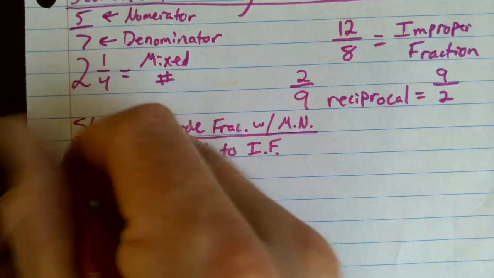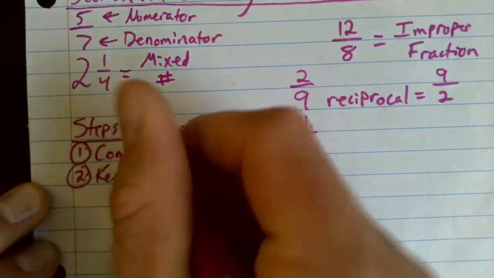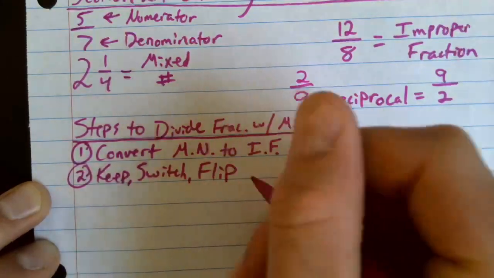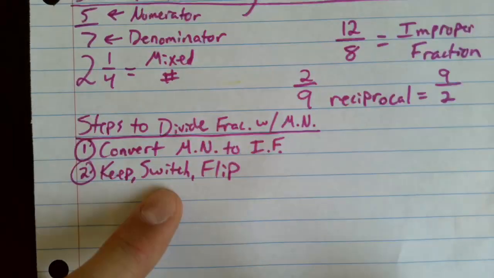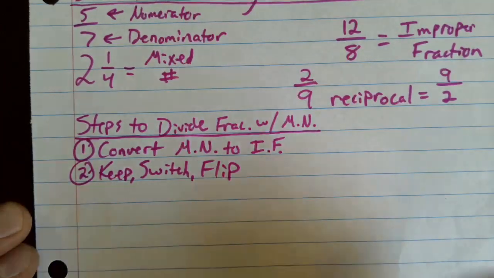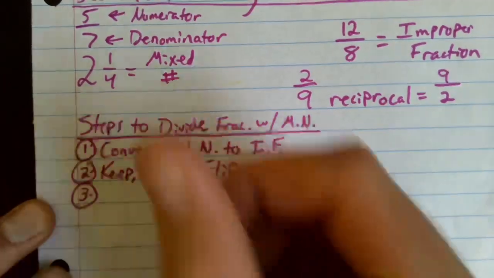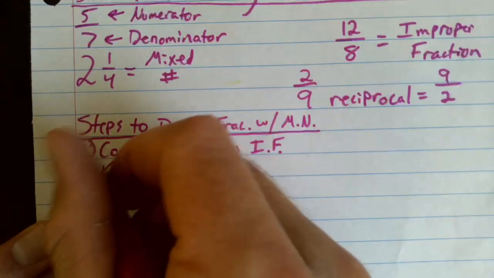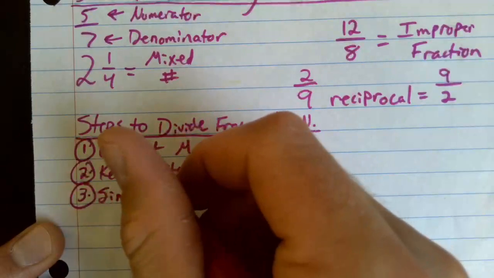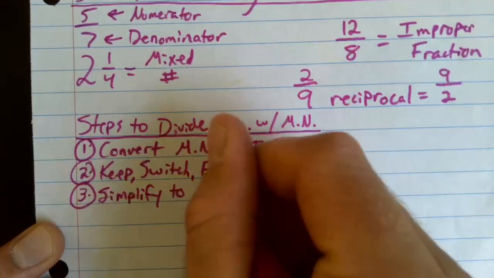Step 2 is keep, switch, and flip. Keep your first fraction, switch to multiplication, and flip your second fraction. And lastly, step 3 is simplify your answer to a mixed number.